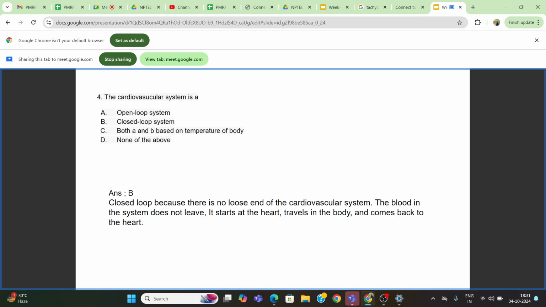Blood is flowing inside particular vessels. So the blood in the system does not leave. It starts at the heart, travels in the body, and comes back to the heart through the vessels. There is no open ending. Starting from the heart, ending at the heart. It's a closed loop.